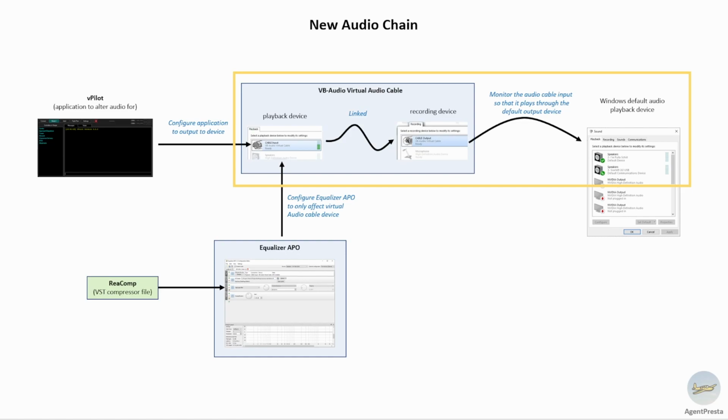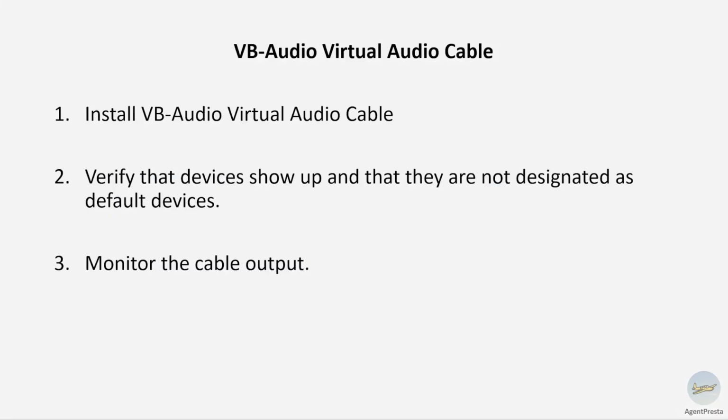Okay, so after we've downloaded our files, we're going to tackle the first chunk of this. That is getting VB Audio Virtual Audio Cable set up and configured. So once you download that file, you're going to install it, which is a pretty straightforward installation. It's basically, as I mentioned, installing a driver for a dummy audio device.